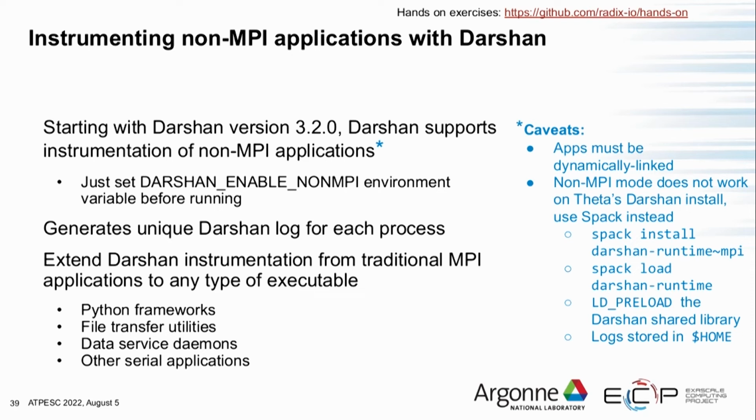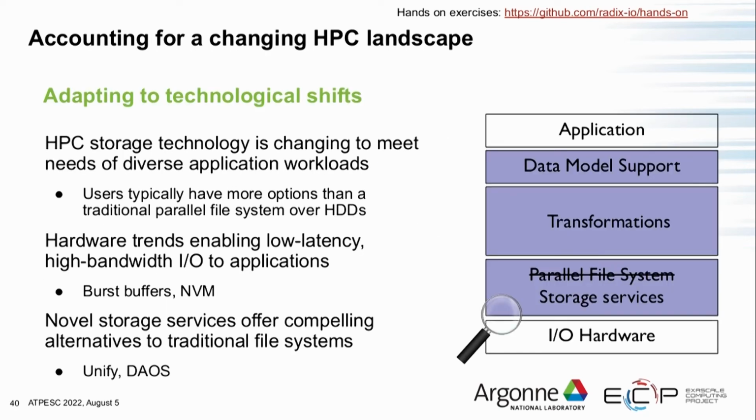I have some instructions here that you can refer back to if you're interested in getting a Darshan non-MPI install set up. This is all using Spack, which simplifies things if you're familiar with it. But we'll try to get the system-wide issue sorted out in the meantime.